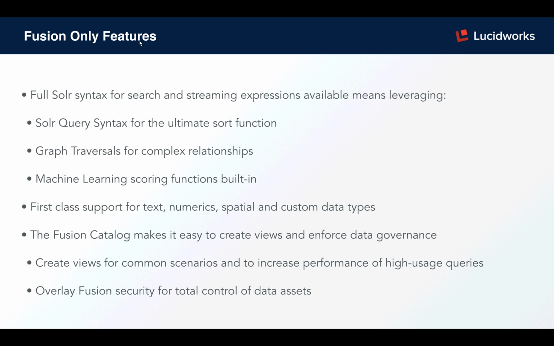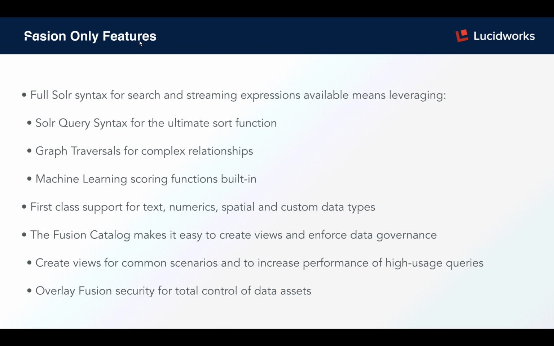And this makes it really easy for the administrators of this system to do things like create views or enforce data governance or build standard reports for their customers or for their users, so that they can get better performance and you can have total accountability over all of the assets in your data. And so that Fusion catalog has APIs underneath the hood, and it's something the engine itself leverages all the time to make sure things like schemas are appropriate and security is appropriate and performance is at the top of what it can be.